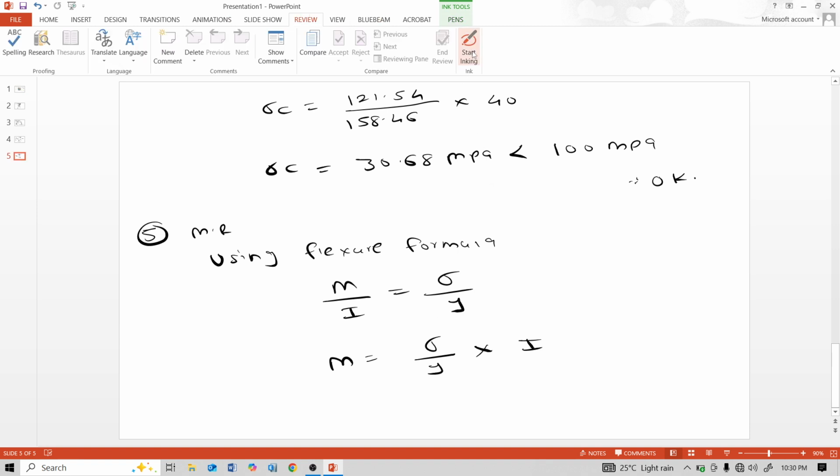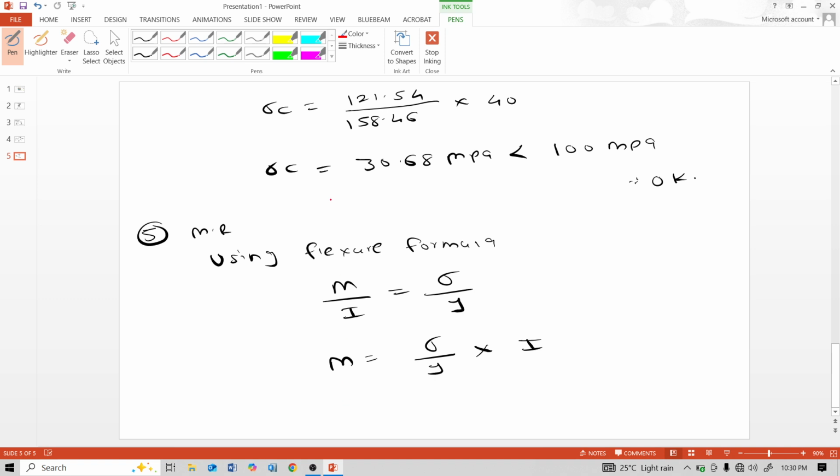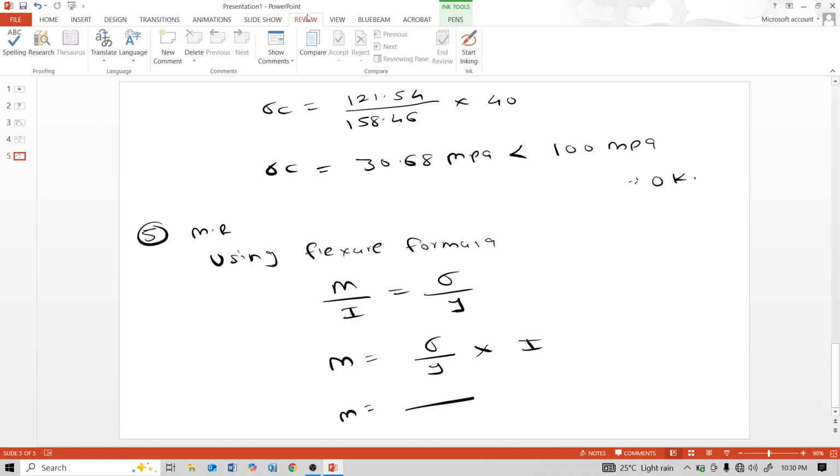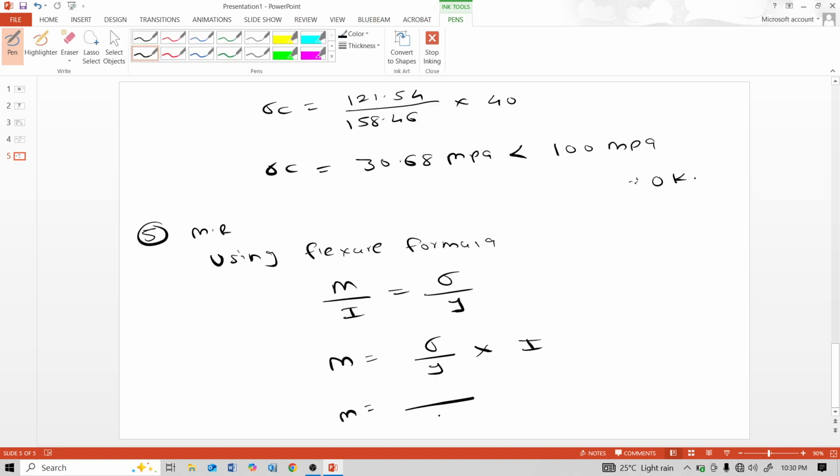So M is equal to, which y is maximum? YT is maximum. So write here YT and write here sigma T. M is equal to sigma T into I upon YT.